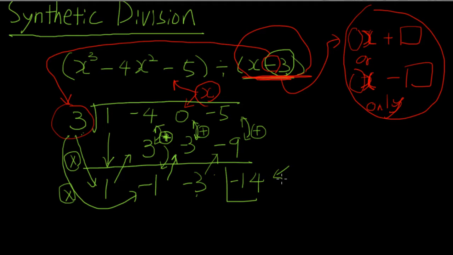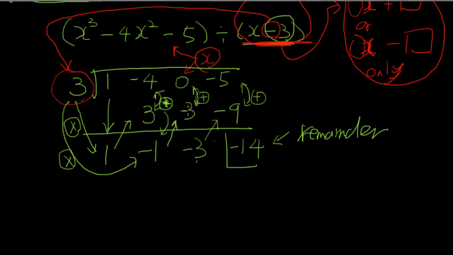And this is going to be our remainder. Right? This is going to be our remainder. So we are practically done. You just need to know how to interpret this solution.